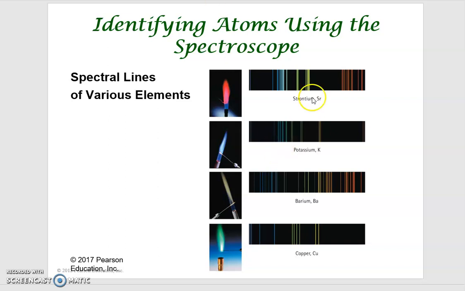Individually, you can see they have their own unique discrete spectra. This kind of pattern of frequencies formed by a given element, some of which are shown here, is referred to as the atomic spectrum.